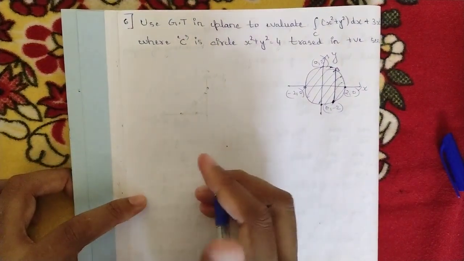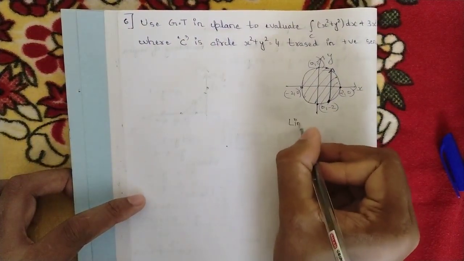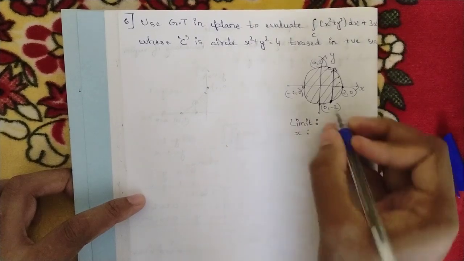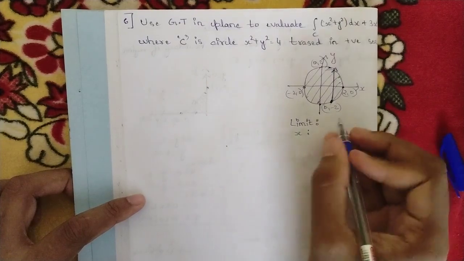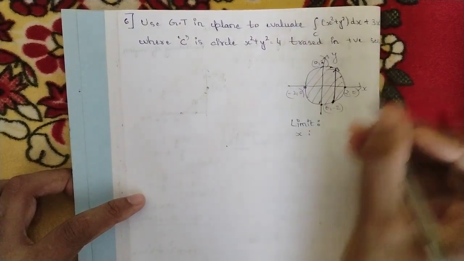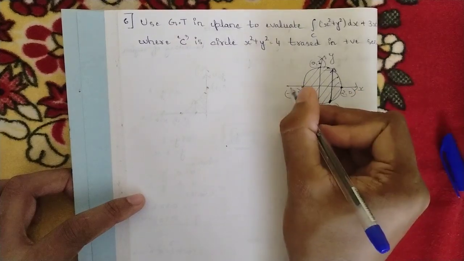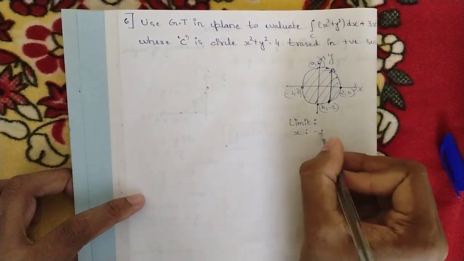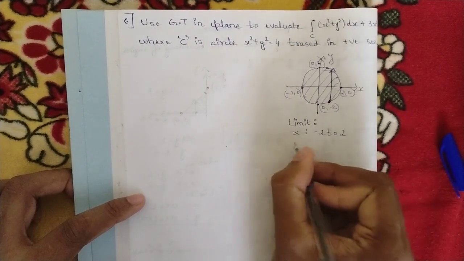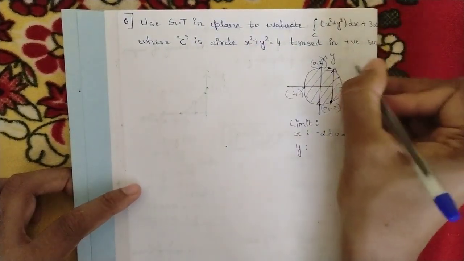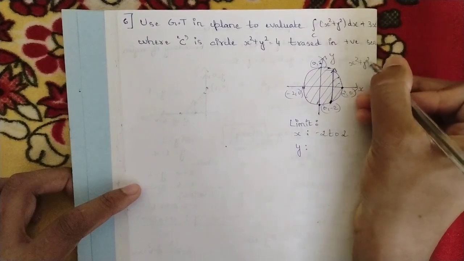So now solve the problem. First, limits of x: x goes from minus 2 to plus 2. And for the limit of y, this is the equation, x square plus y square is equal to 4.